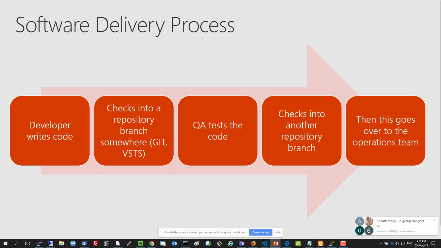Because if we improve the developers in the way they write code and the way they check things in, and in QA we automate their entire process of testing, but there is still a bottleneck at the operations section, where the operations team still has to go through a bunch of processes to manually click next to build an infrastructure, and then connect this network to the other network, and then make that available, and then do the update. If the operations team still has to go through all these manual processes before the software can actually get to the end user, that's a bottleneck in your entire process.